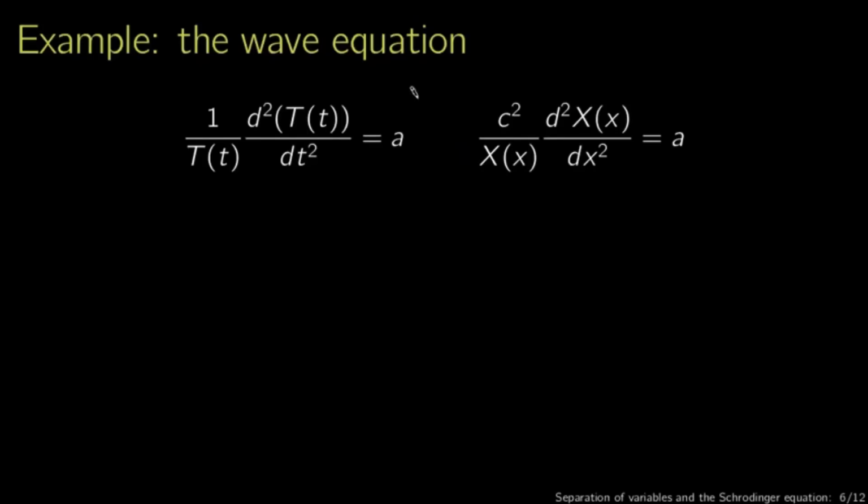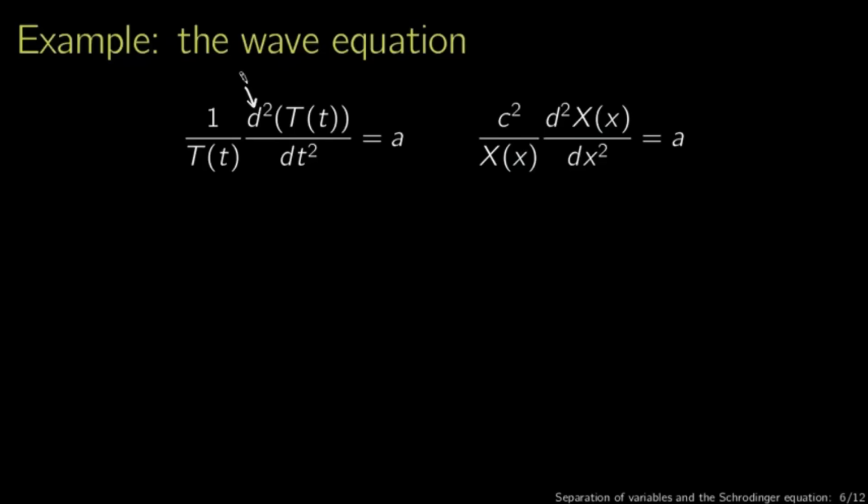That constant, which I've called a here, and the notation is arbitrary, though you can in principle save yourself some time by thinking ahead and figuring out what might be a reasonable value for a. What's especially nice about these is that this equation is now only an ordinary differential equation. Since big T is only a function of little t, we just have a function of a single variable.